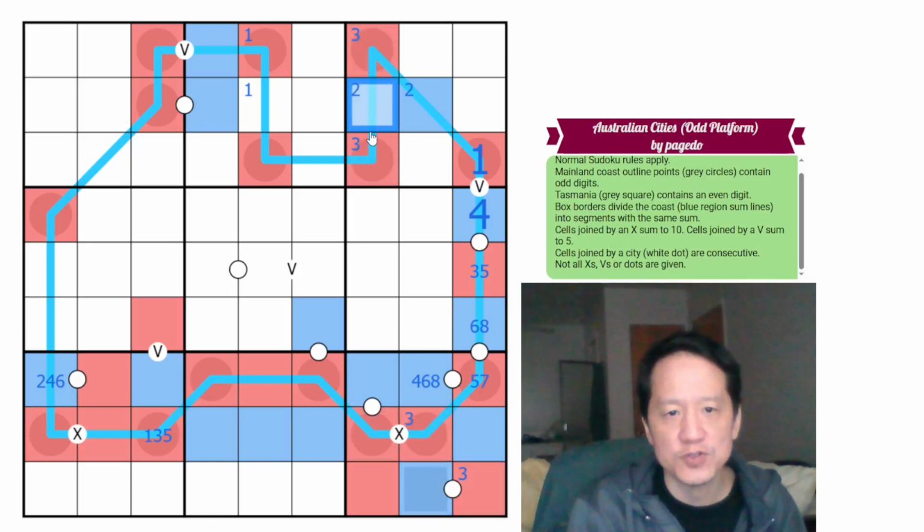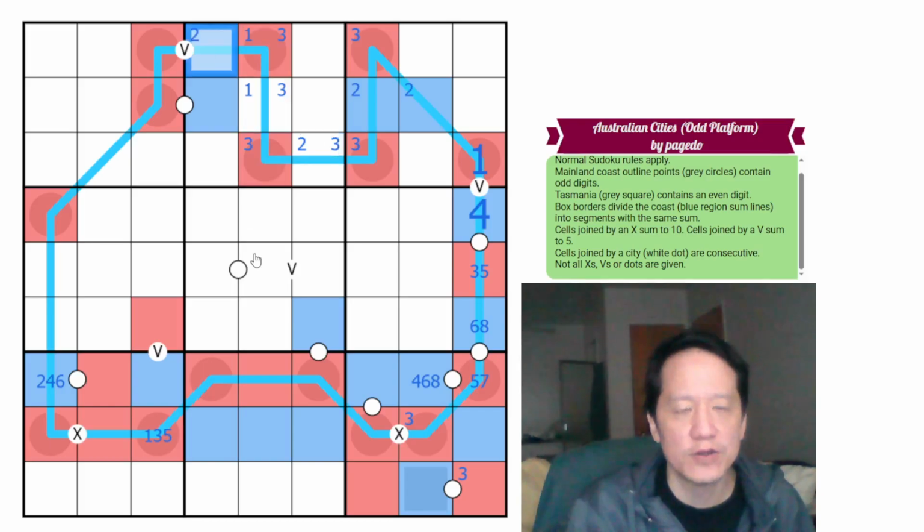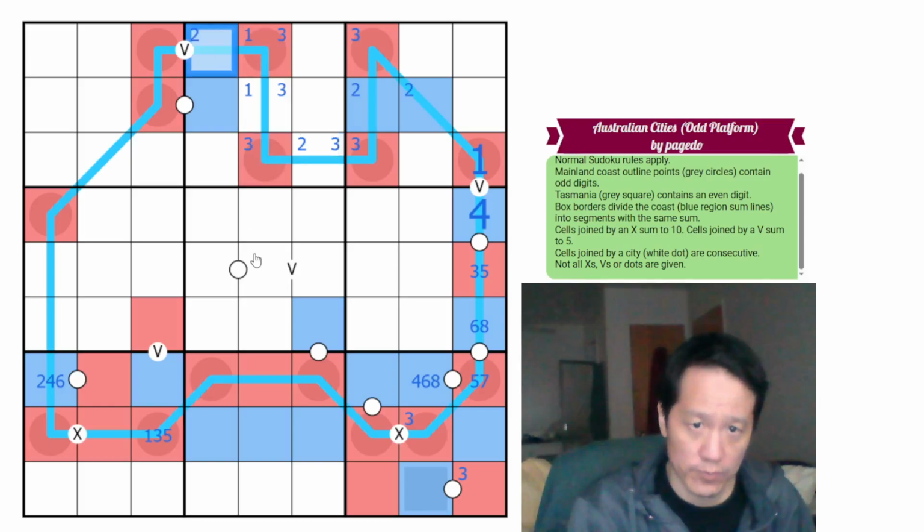Because one of these is 3, one of these is 2. 2 cannot be here, so 2 has to be one of these 2. We're not sure which. And the 3 could be any of these 4 remaining cells. It can't be the even cell, though. Okay.